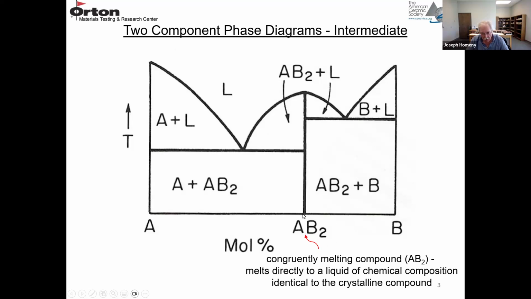So if you follow AB2 composition along this line as you're increasing the temperature, it's a congruently melting compound. AB2 melts directly to a liquid of the same composition as AB2. So this is a congruently melting compound.